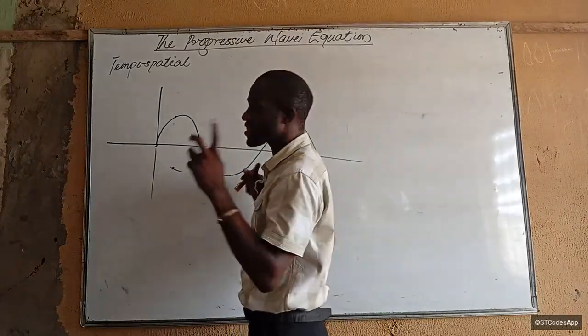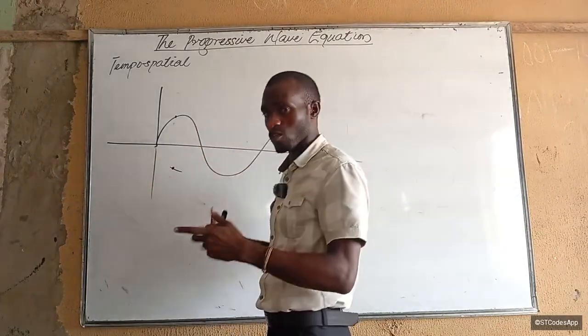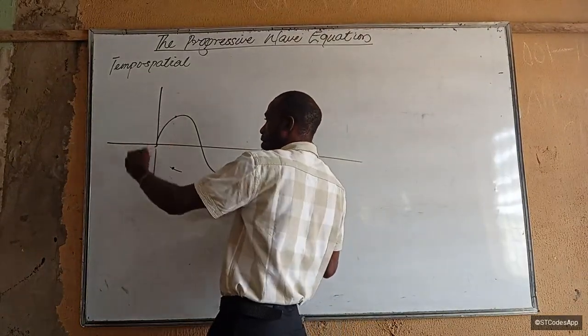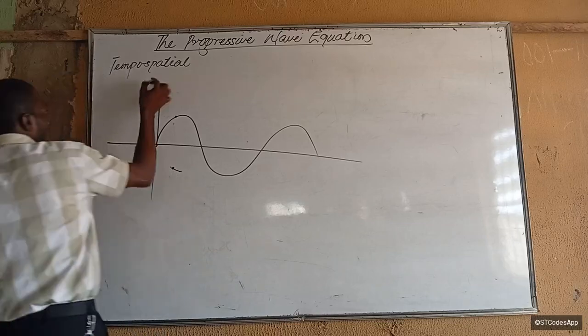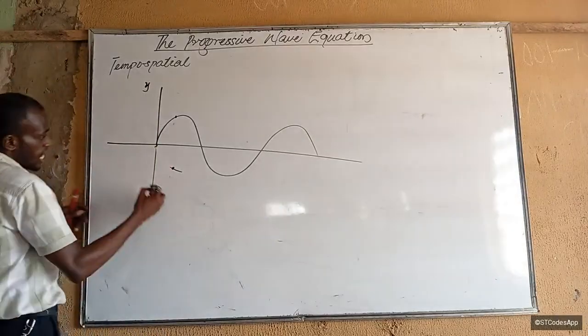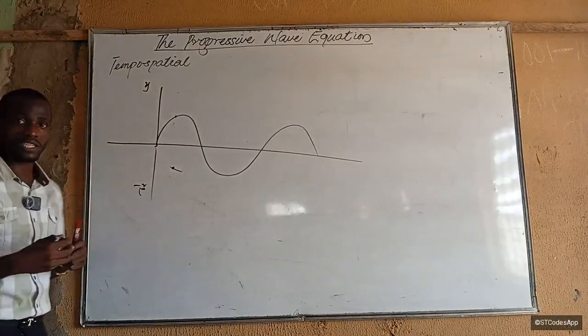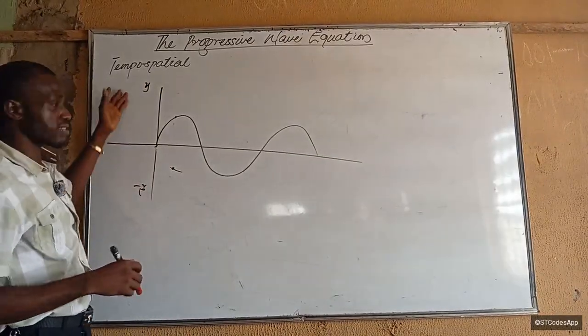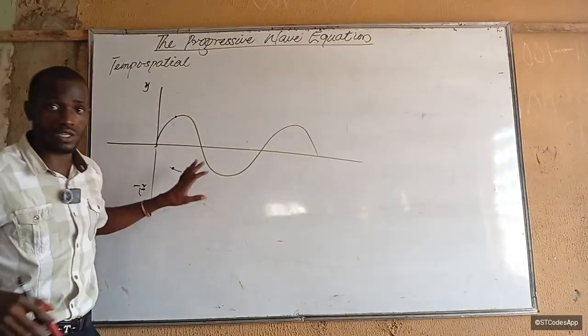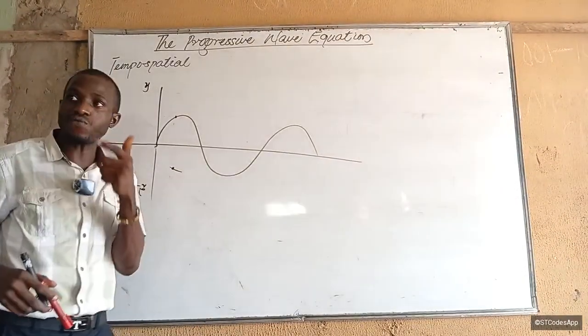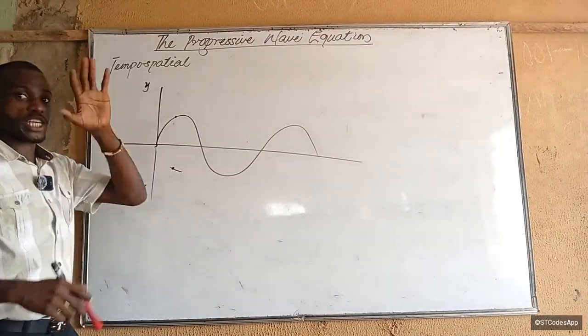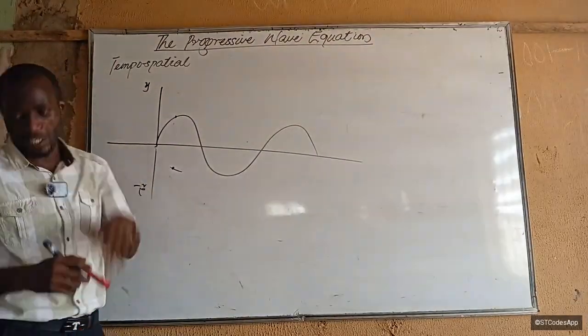The difference is that they are in opposite directions. There is one in the upward y direction as far as our Cartesian is concerned, and one in the negative y direction. That is why when we want to describe the progressive wave equation, you may see more than one form of the equation, and I'm going to explain the two forms of the equation.